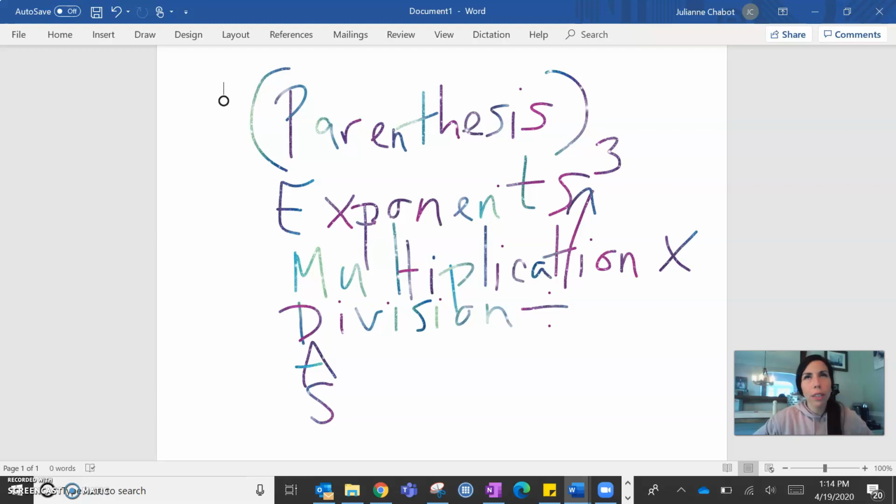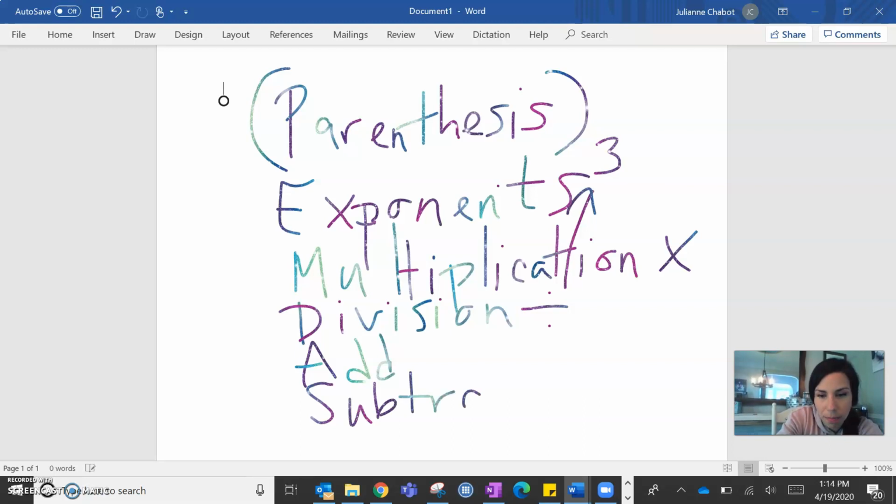I'll give you a second. What do you think the A and the S stand for? If we've done parentheses, exponents, multiplication, division, you guessed it, addition and subtraction. I'm just going to put add, subtract, just to make it a little shorter. Add, subtract.